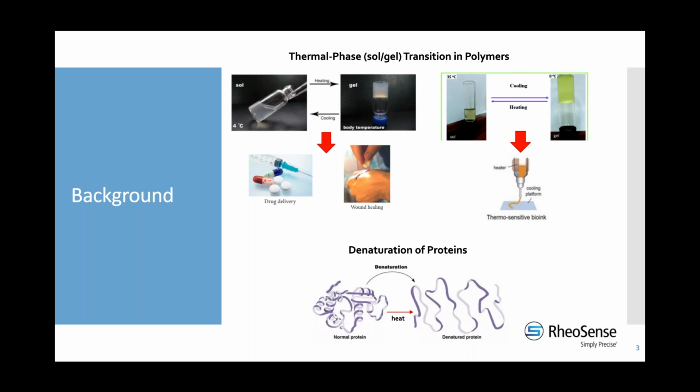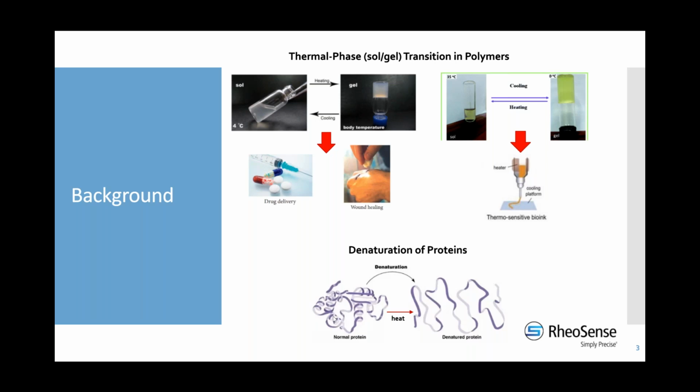For example, hydrogels that can form gel at 37 degrees Celsius or body temperature are suitable drug carriers for drug delivery or wound healing applications. These hydrogels are liquid at room temperature but become gel at a physiological temperature or above that temperature. They can remain on site for a long time and improve drug absorption.